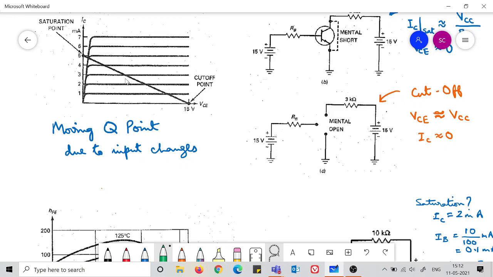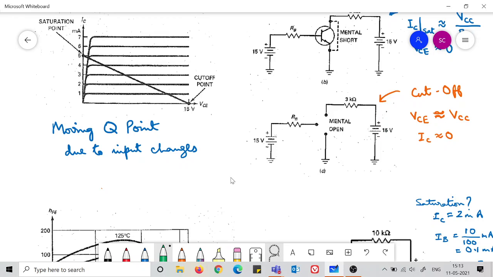These are very sensitive to input changes because IC is beta times IB. So when IB changes a bit, IC changes 50 times that. There is a huge change in IC, and correspondingly VCE will also change, because VCE is nothing but VCC minus ICRC. So there is a large deviation in the Q point.